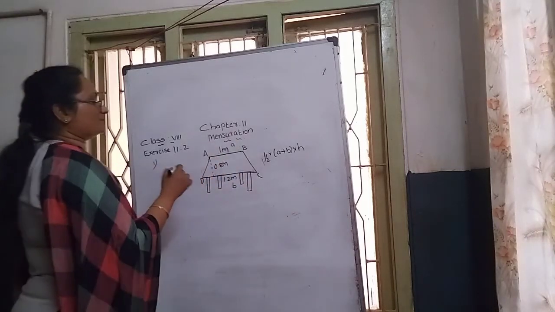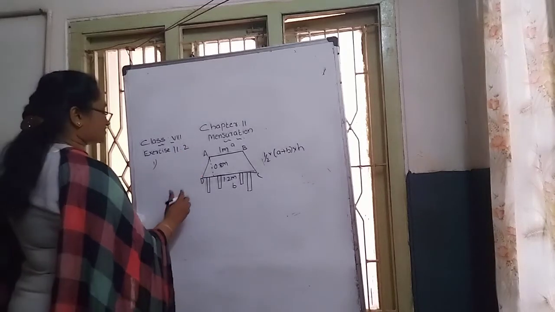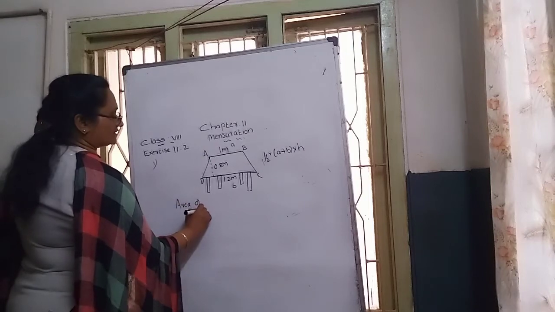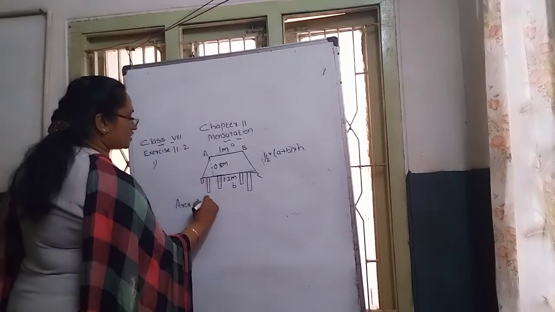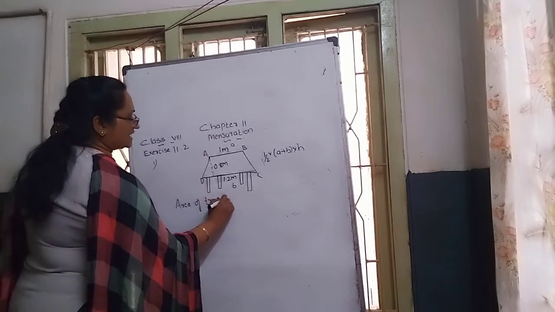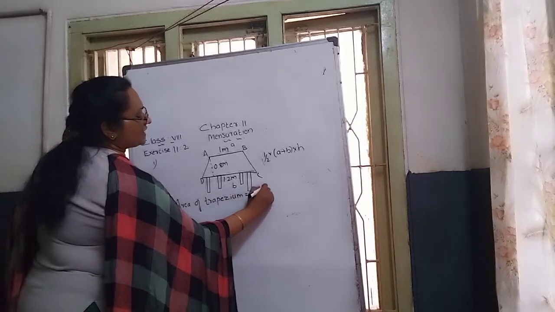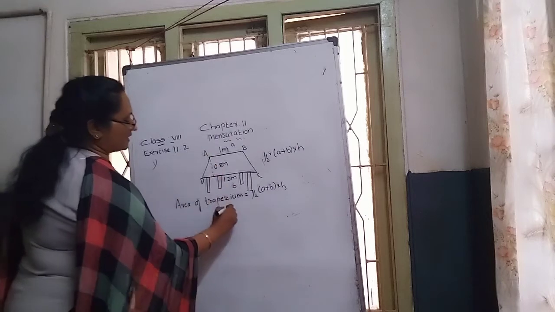Here that formula is applied. What information is given? Just the values. The tabletop is in which shape? A trapezium. So apply the formula: half into (A plus B) into H, the distance between the two parallels.